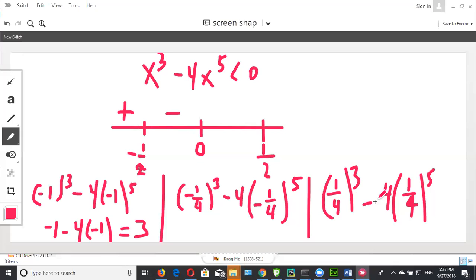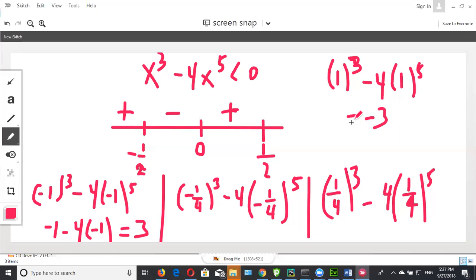So if we subtract, we're going to get a net positive value. You can verify that, but there's no need to go through the full calculation. We are only interested in the signs. Finally, for the last region to the right of 1/2, I can pick 1. If I do 1 cubed minus 4 times 1 to the 5, this is again 1 minus 4, which is minus 3 as my final answer.